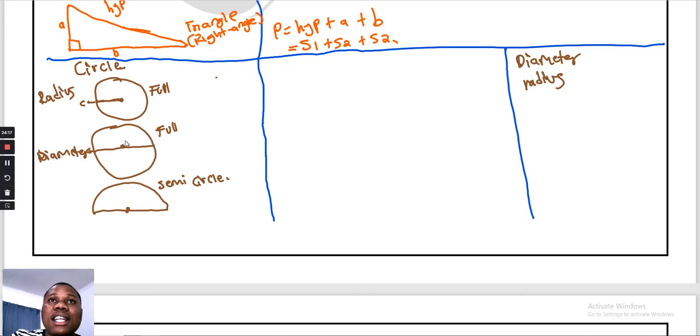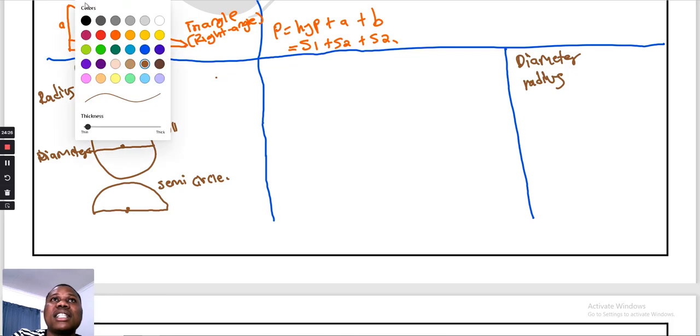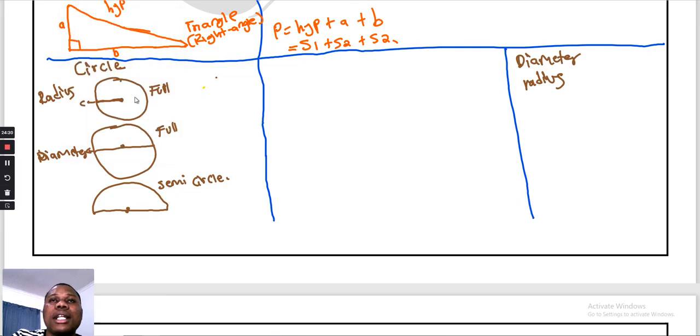Okay, so now the difference between these is that this one goes halfway and this one goes all the way. If we add another line, let me use another pen here so that I can clearly make it different. This line is the same as this one, meaning that if we have 2 of this line, we have this line.